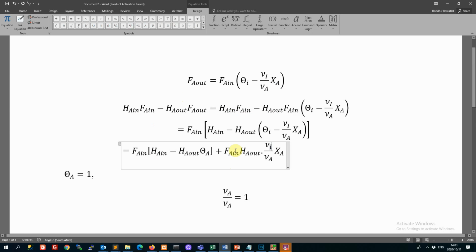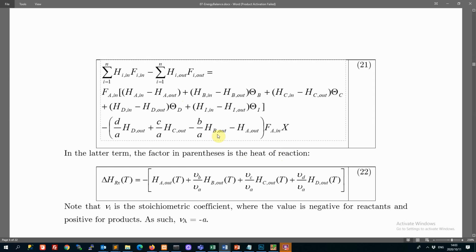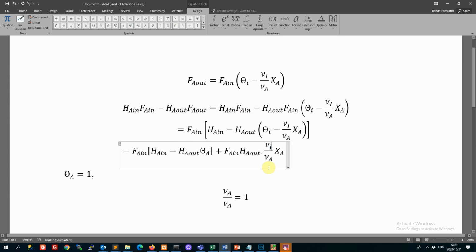And then for the second part, we have F A in, H A out, and then times 1 times X A. So you can see here that contribution, okay? And I can see there's a minus sign missing here. Okay, that's fine. So you can see for component A, that's what happens.